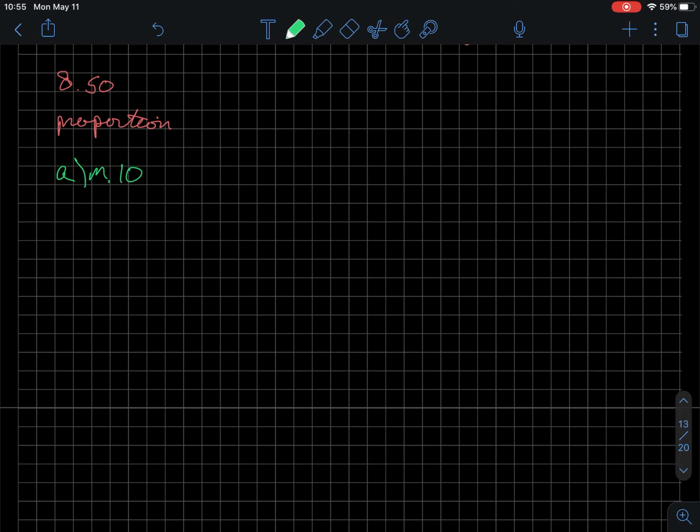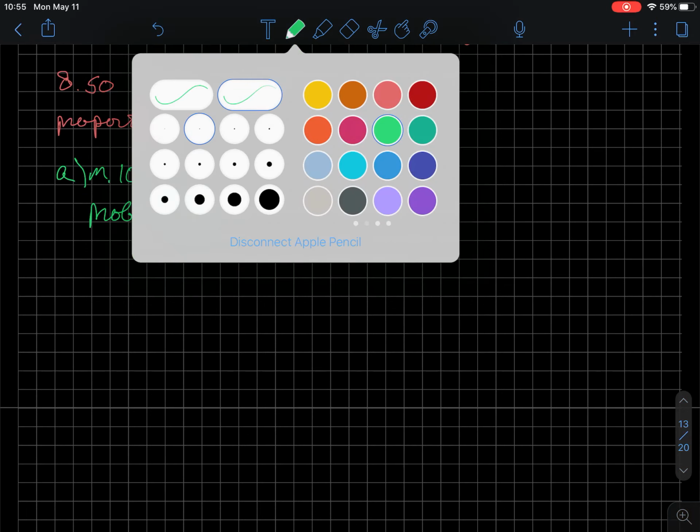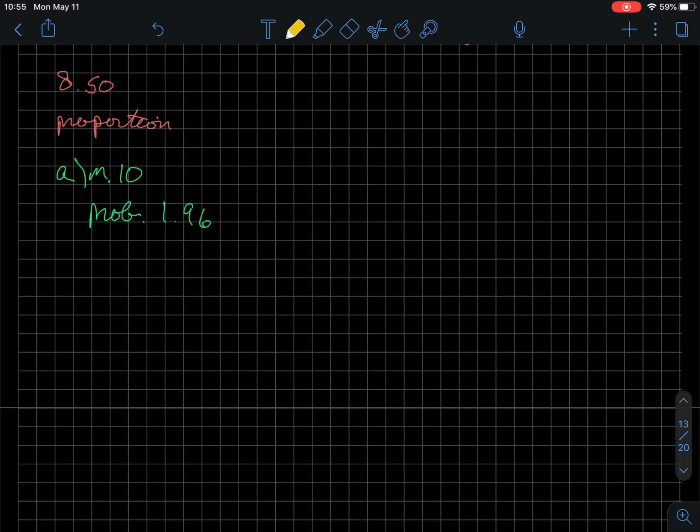And we have a probability of 1.96. So this is the same formula that we've used before. We're still using 0.5. So just for a refresher, this formula is going to be n equals p times 1 minus p, the complement, times z squared divided by m squared.